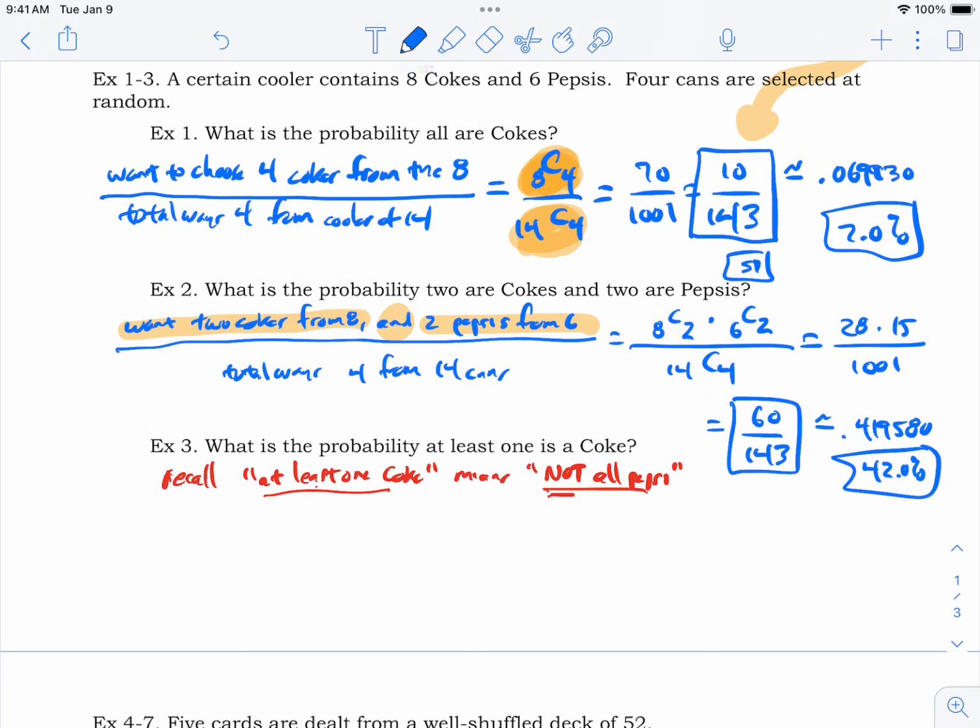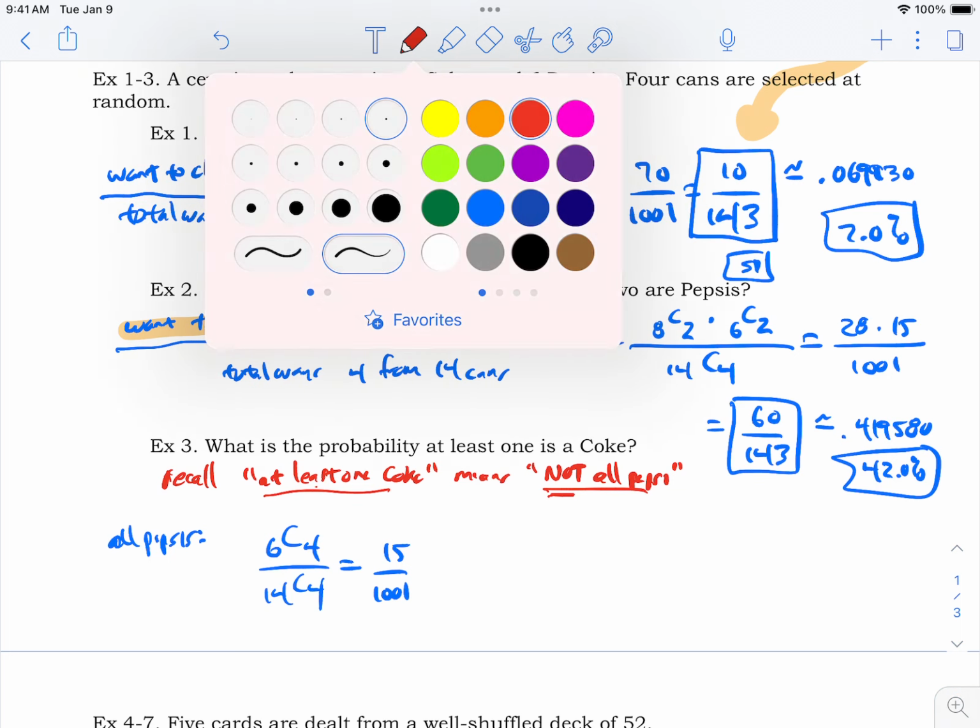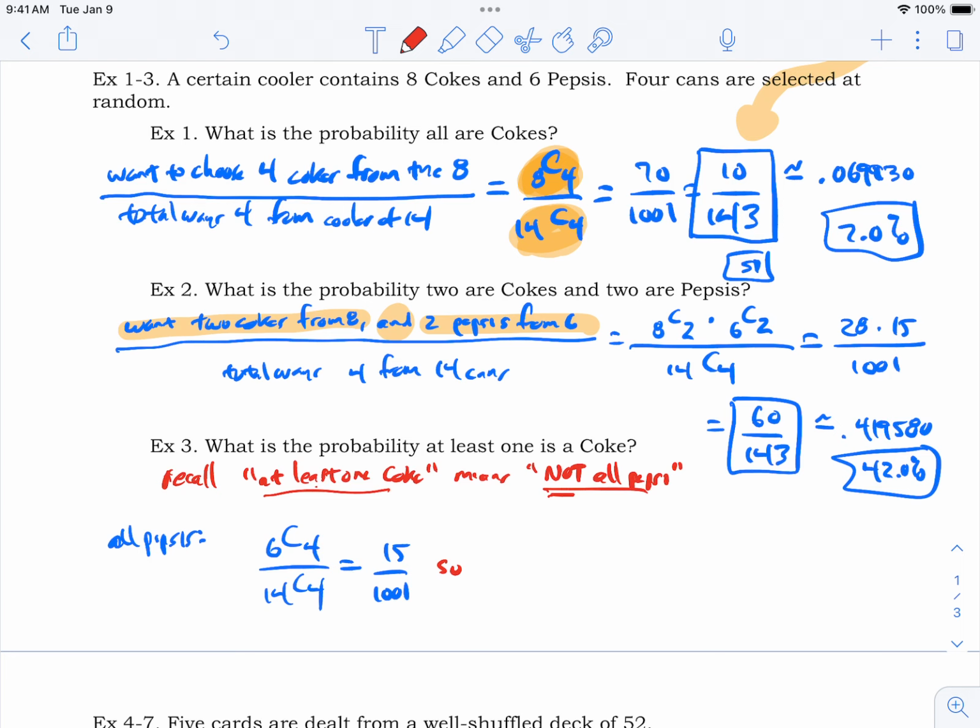Okay, cool. What's all Pepsis? All Pepsis would be, I don't have to write it out, I don't think. I got 6 Pepsis and I'm going to choose 4, right? We're still choosing 4 cans. Out of 14, choose 4. So 6 choose 4, out of 14 choose 4. That comes out to a 15 over 1001. So we're doing the complement.